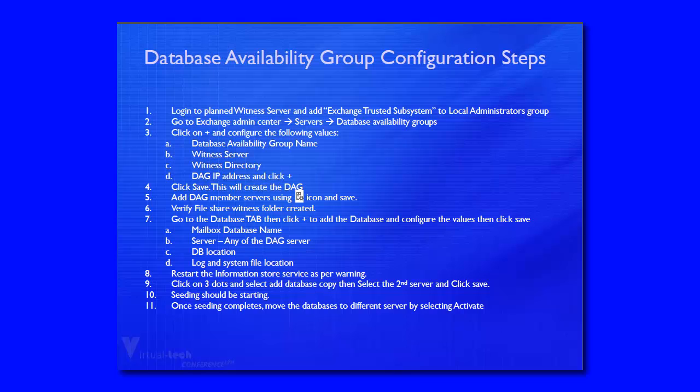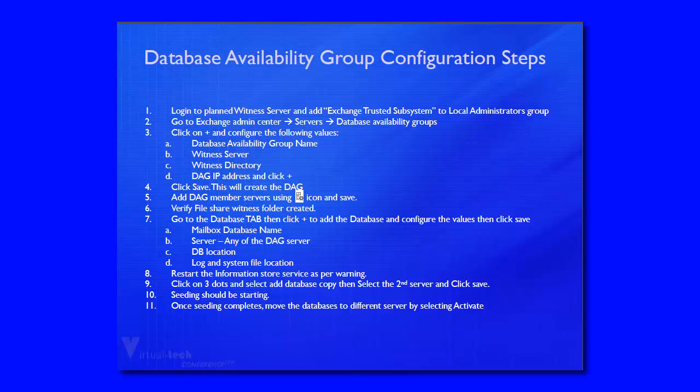All right. Then if you want to add the second copy, yes, we want to add the second copy. There will be 3 dots showing there. Click on that and add the second server. And then seeding should start.